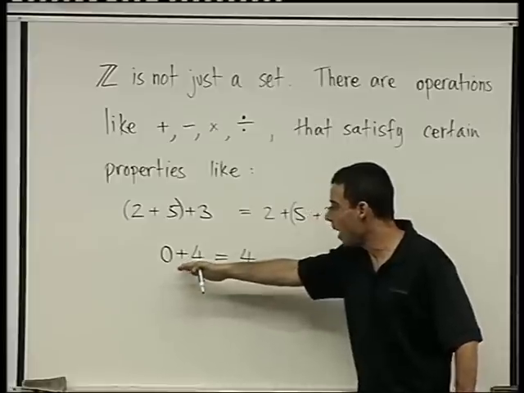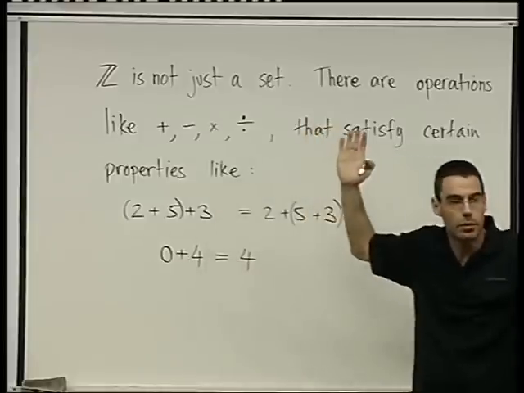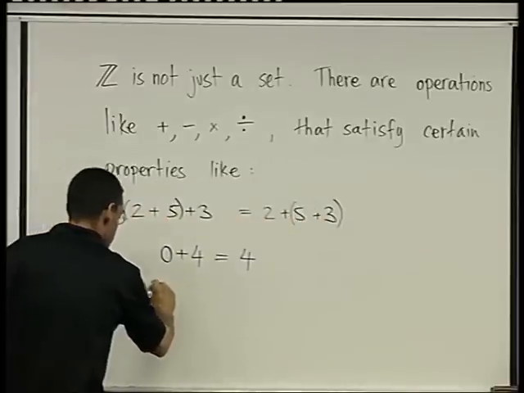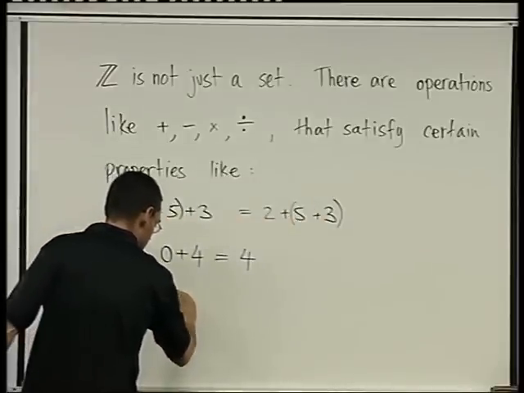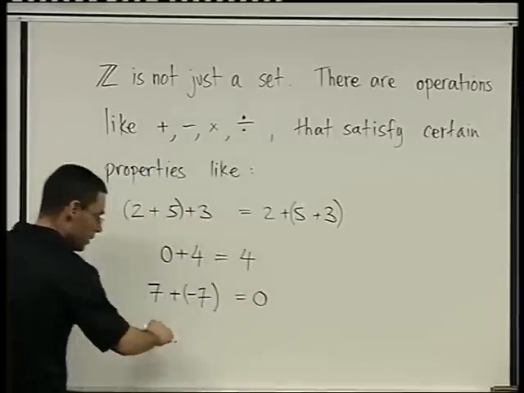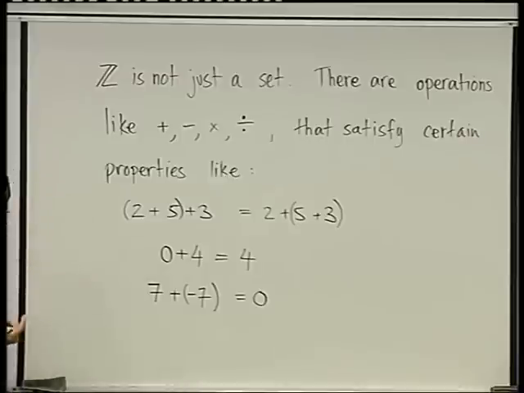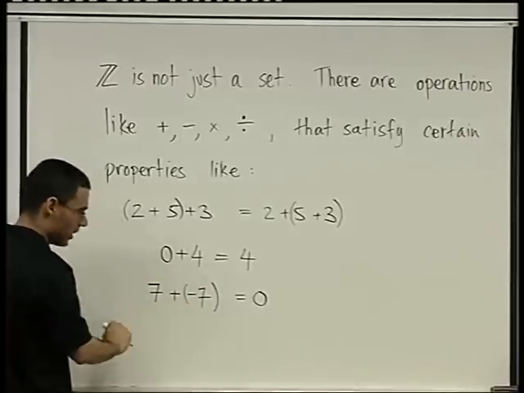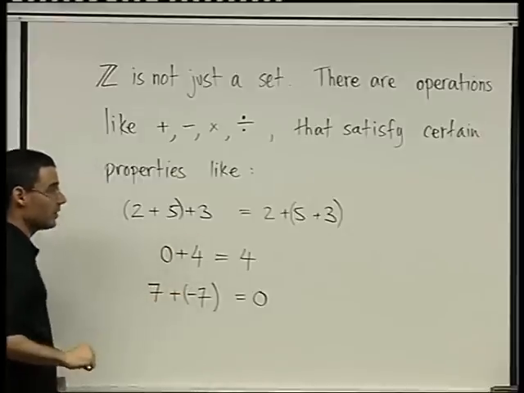The operation of addition doesn't see 0. Another example is, if we take 7 and add minus 7, we get 0. So there are these things that we call inverses. Addition has inverses. Every number has a minus number, which when we add them, we get 0.